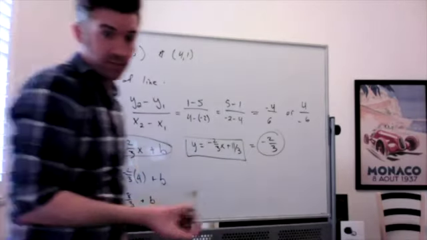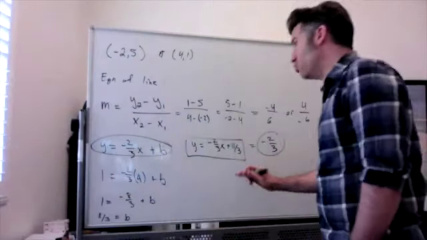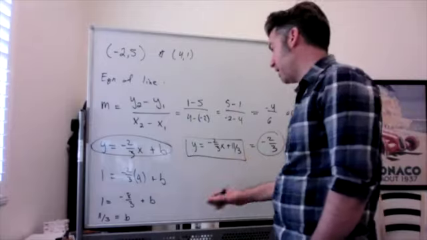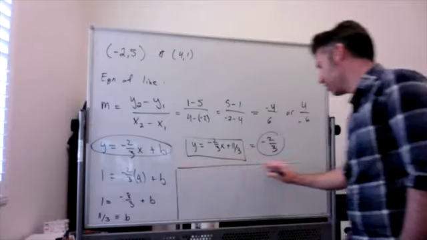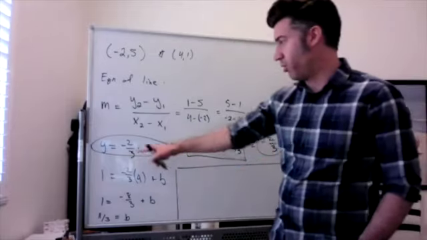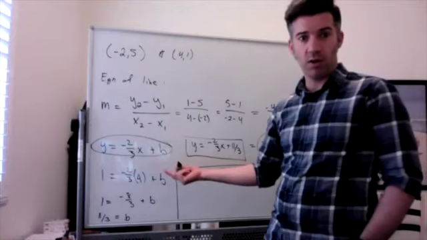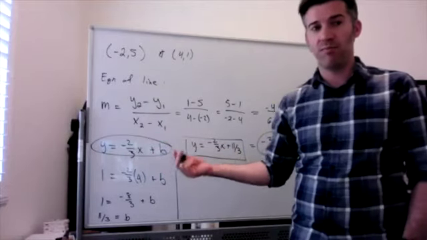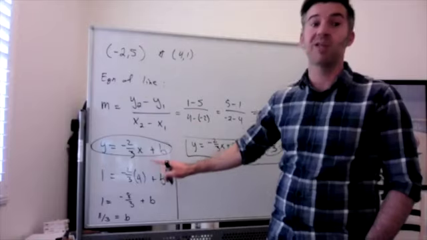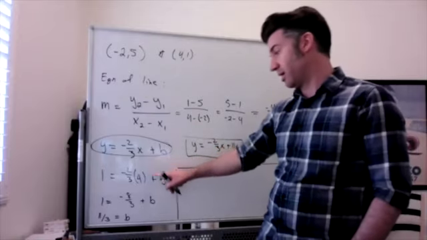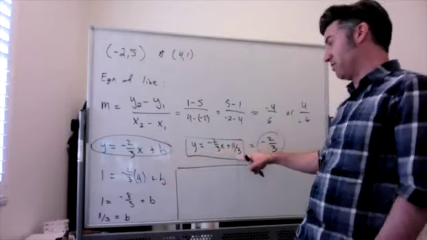Alternatively, you can also instead use the, sorry, this is not point slope, this is slope intercept, where you can automatically see the slope and the y-intercept.